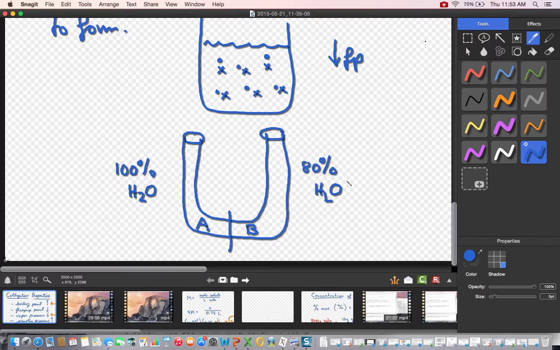Water is going to move. Solvent moves such that we equilibrate the concentration on both sides.